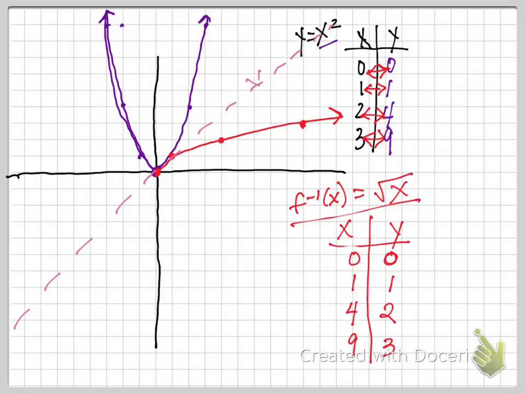This is my line y equals x. Aren't these direct reflections across that? Like if you were to fold this in half, both of these lines would mirror y equals x. So all we had to do is just switch the x and y values.